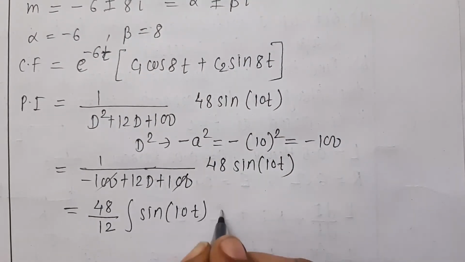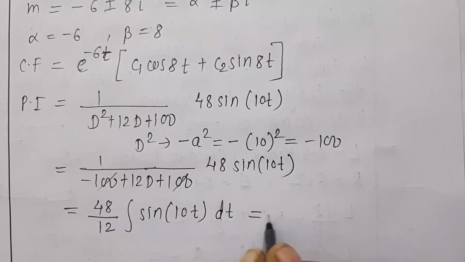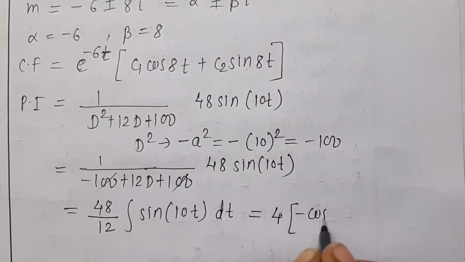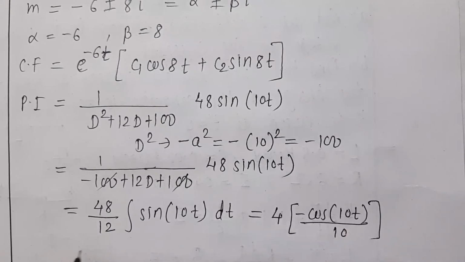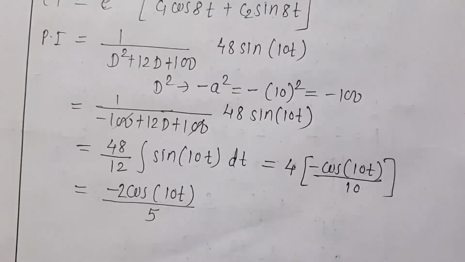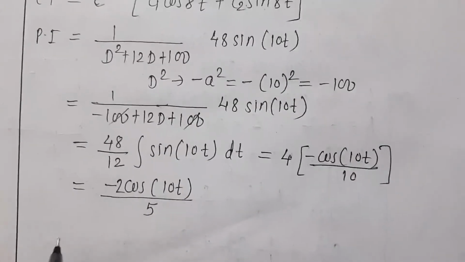So integration of sin 10t dt, which is 4 times the integration of sin, which is minus cos 10t divided by 10. So this is minus of 2 by 5 cos of 10t.